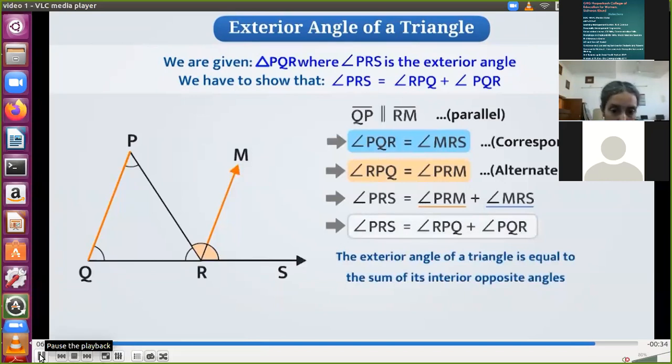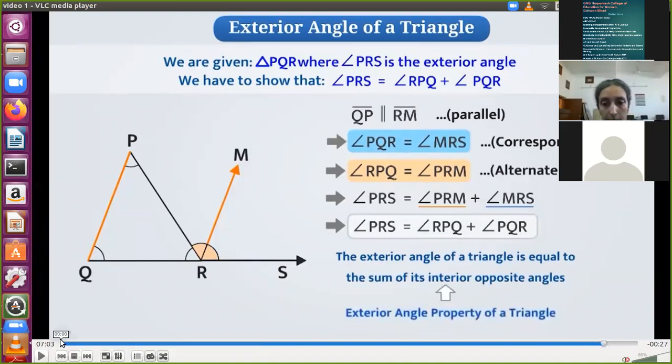Okay, so just now we have proved that the exterior angle is equal to the sum of the interior opposite angles. So this is also a way of proving this property of the triangle.